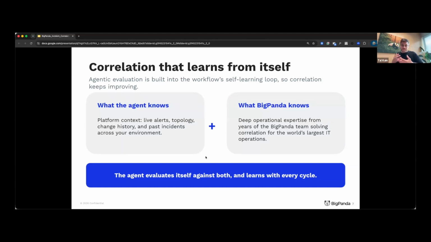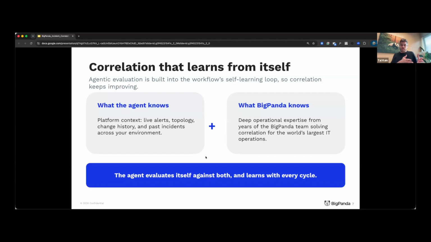Now, in addition to that, because our customers are huge enterprises, we also have some experts coming from Big Panda interviewing the customer, sitting with the customer as part of the incident lifecycle assessment. And from these learnings, we can push this data into the AI brain, the ITKG of Big Panda, the IT knowledge graph, which allows the agentic workflows of Big Panda to further correlate and do this more specifically for the customer without having this onboarding of 7 to 8 months.